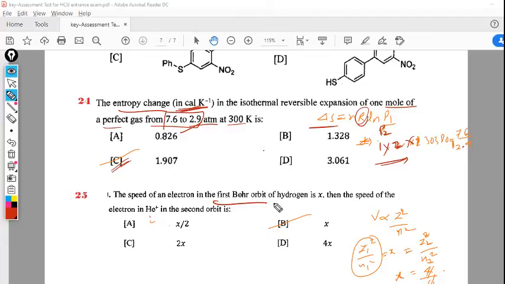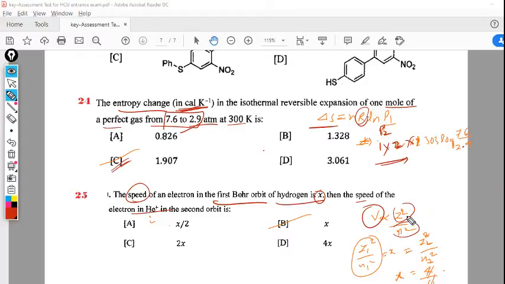So it is from atomic structure. The speed of the first orbit of hydrogen is x. Then what is the speed for helium? So velocity is proportional to the atomic number divided by the orbit number.